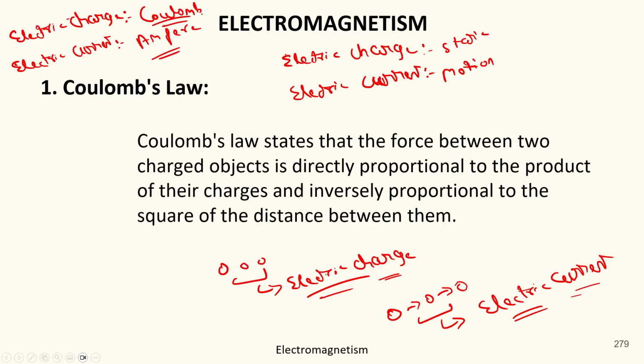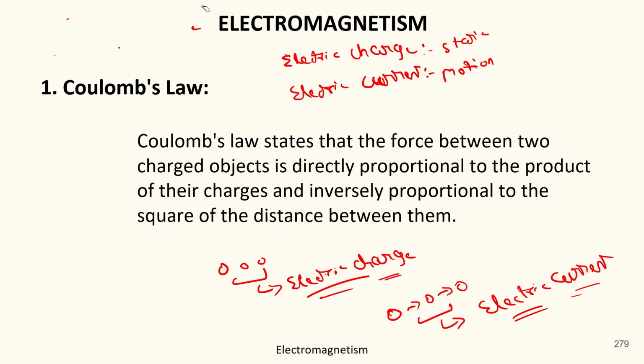So the electric charge has a unit Coulomb and the electric current has a unit of ampere. Got it? So basically, come to Coulomb's law.